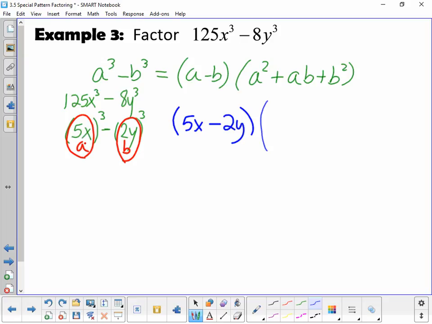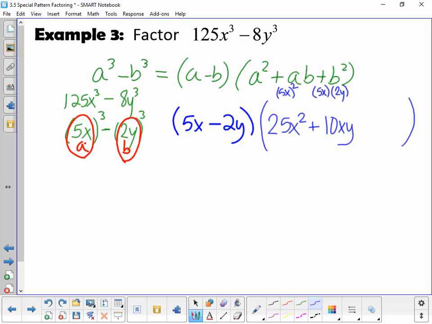And now is maybe a little bit more tricky. I want to take my A, that's a 5x, and raise it to the second power. So 25x squared. And then the next part is A times B, which is 5x times 2y. That would be a 10xy.